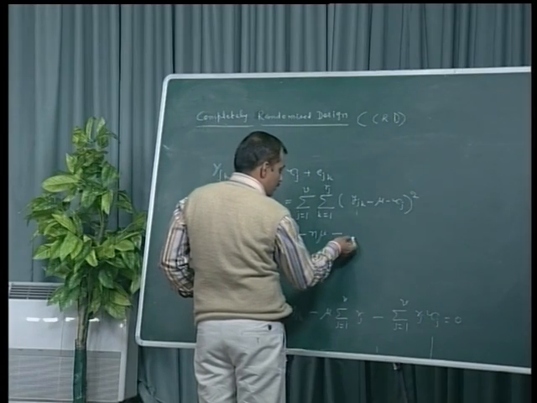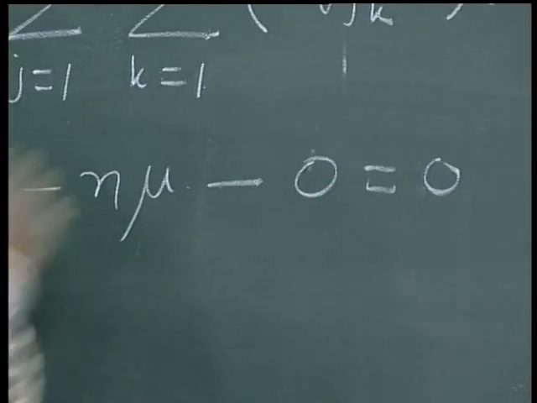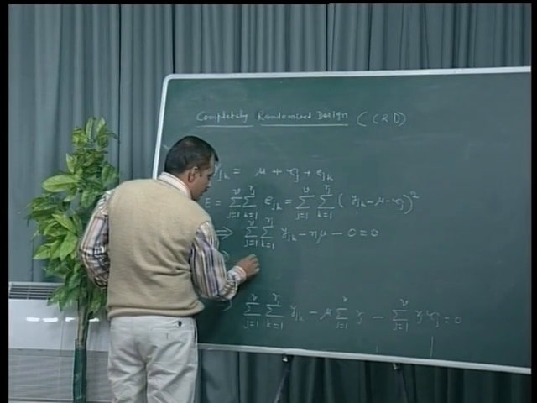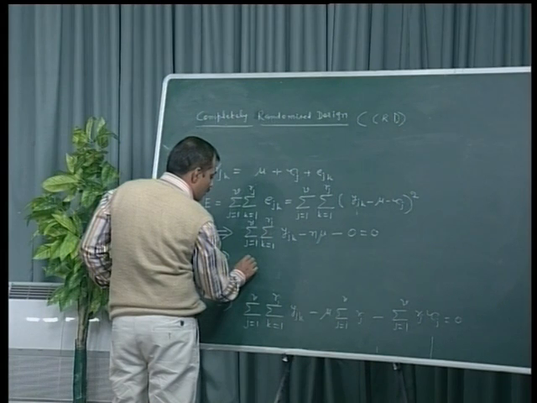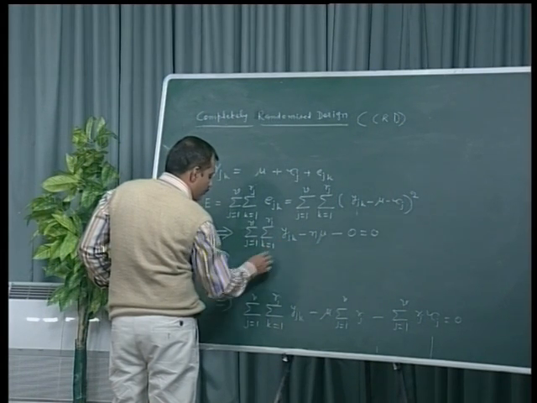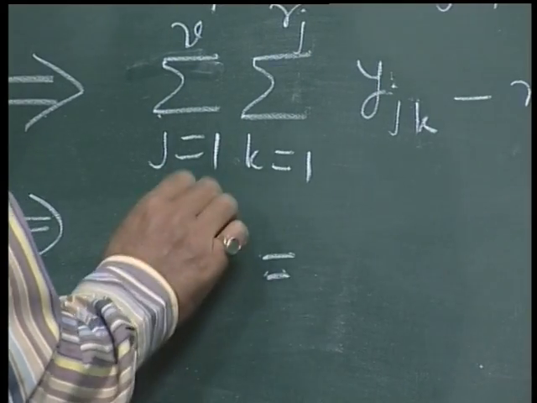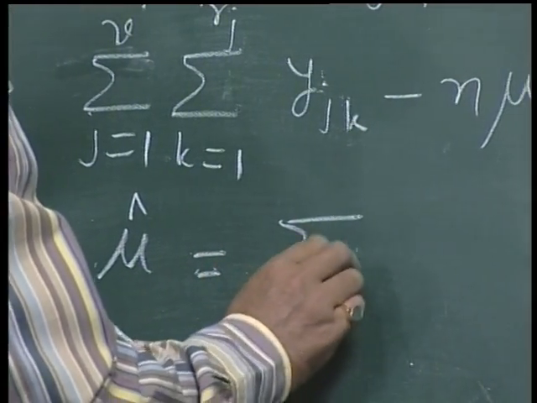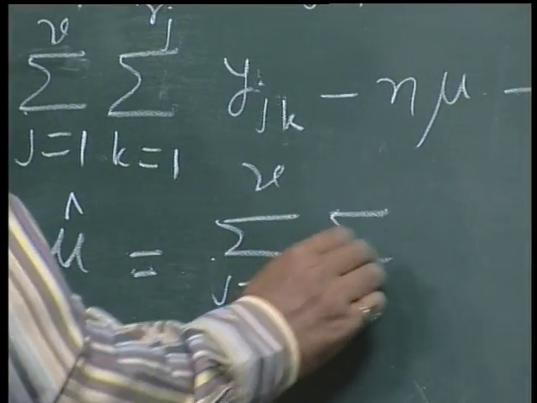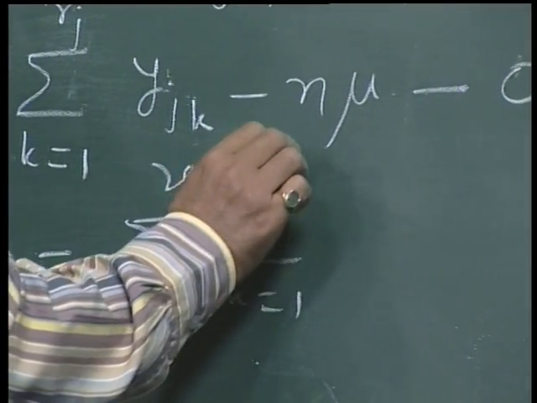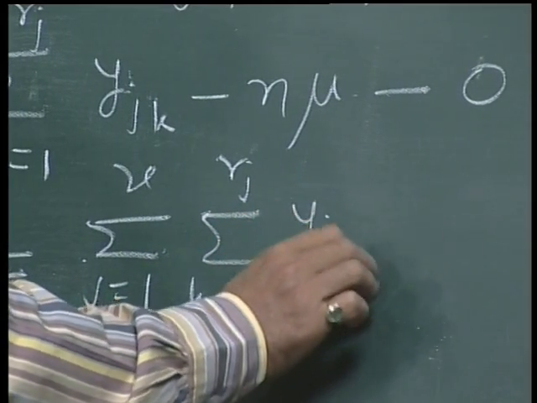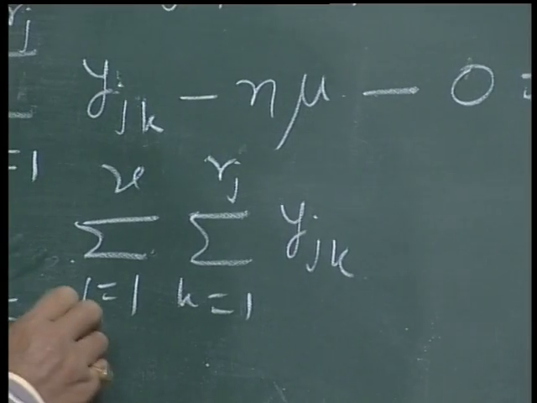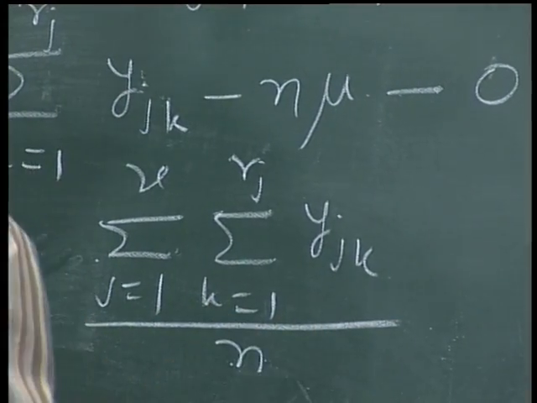From here the estimated mu is the double summation of yjk divided by n.